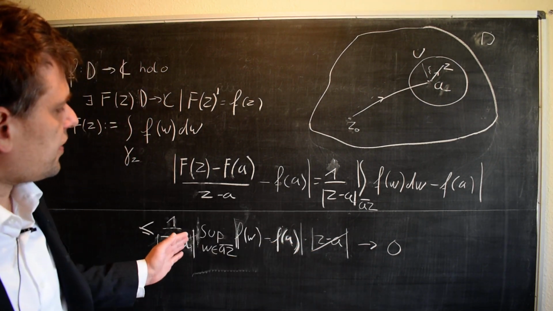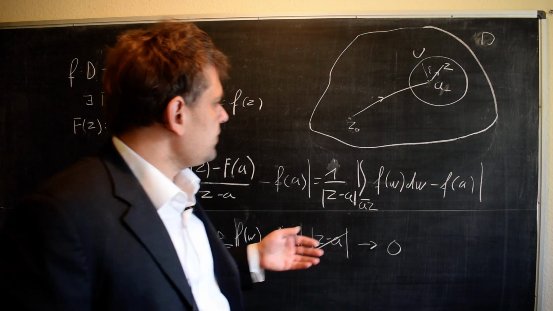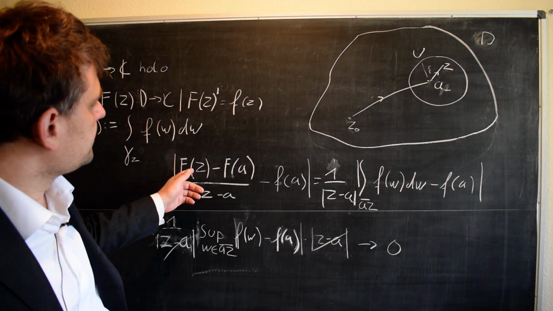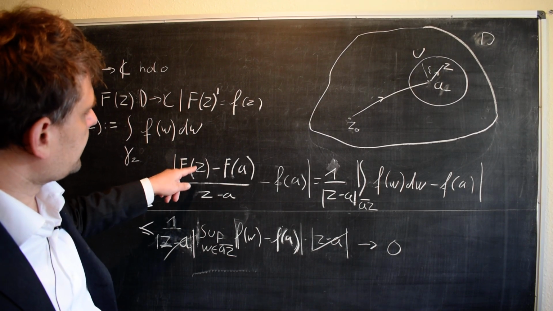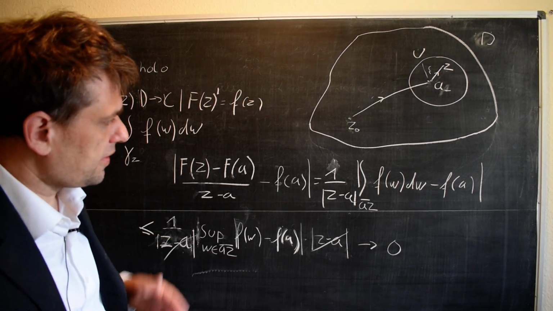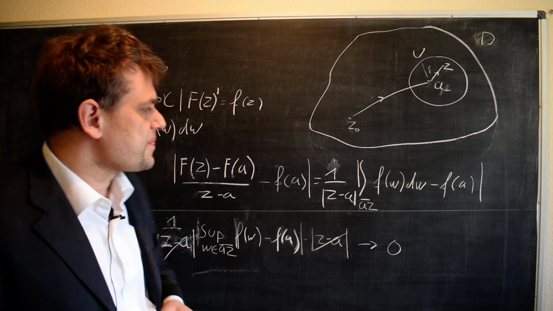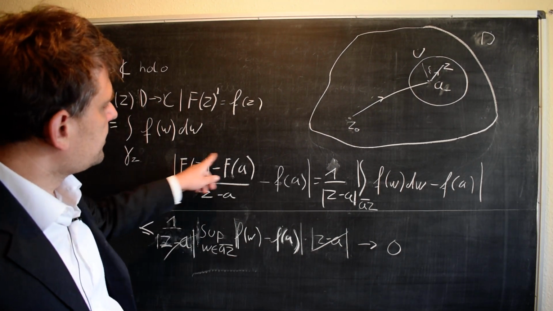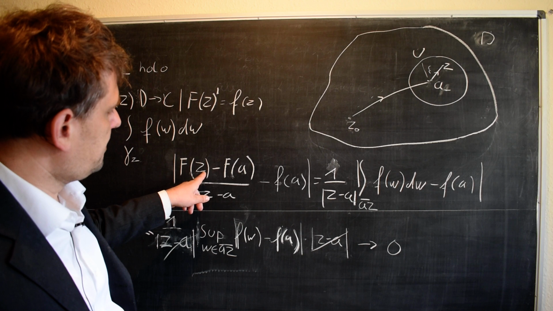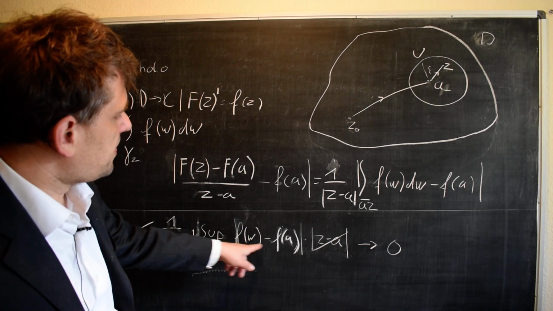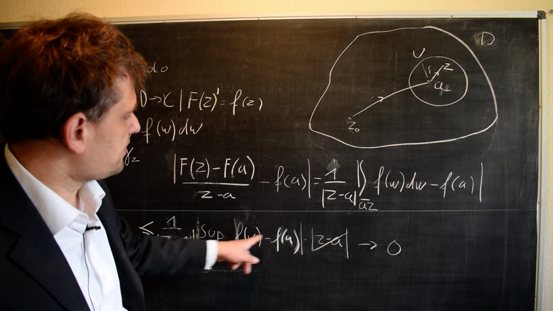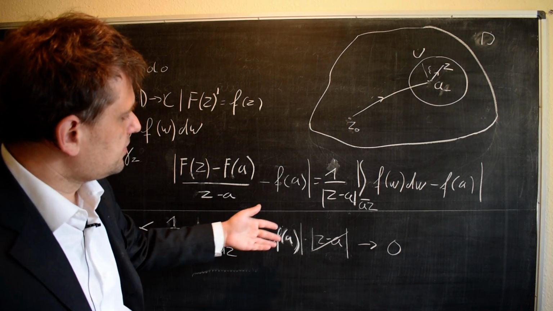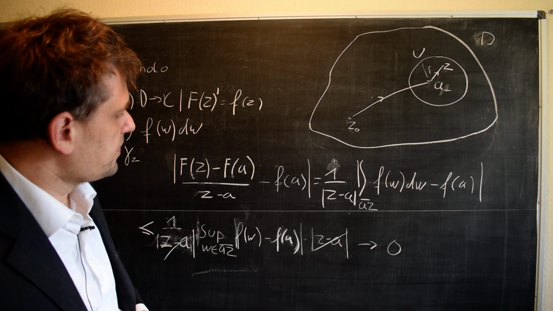And now if you consider z going closer and closer to a, then this becomes a derivative, and we see that this expression here in this absolute value tends to 0.